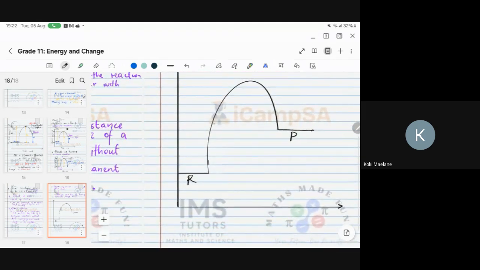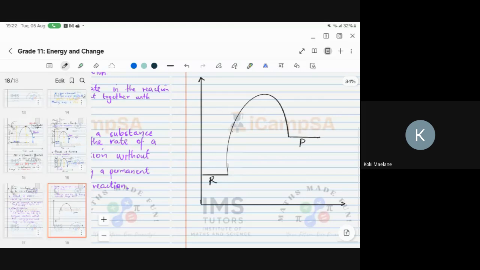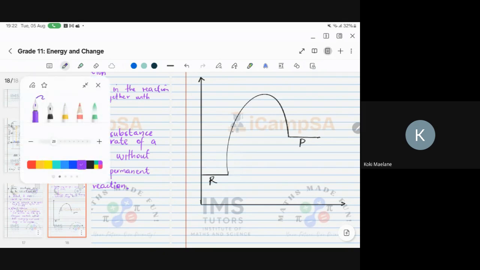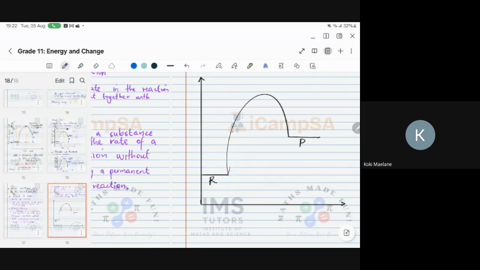So what the catalyst does, it basically comes, let me draw a new one, and reduces this peak. Let me make it exaggerated so you can never forget this.